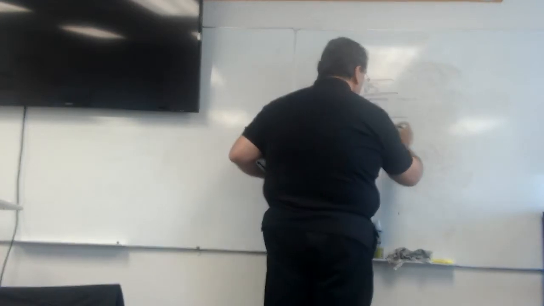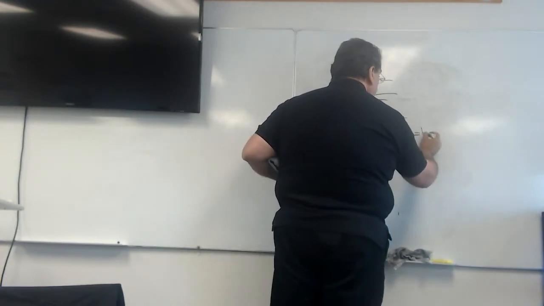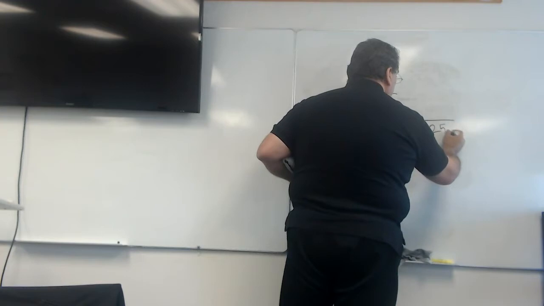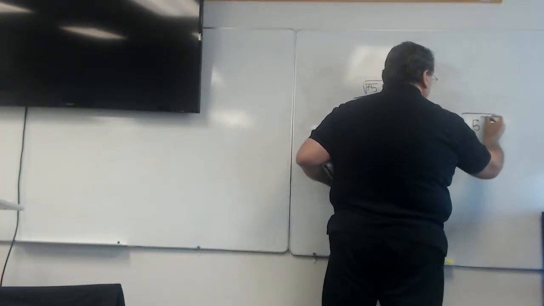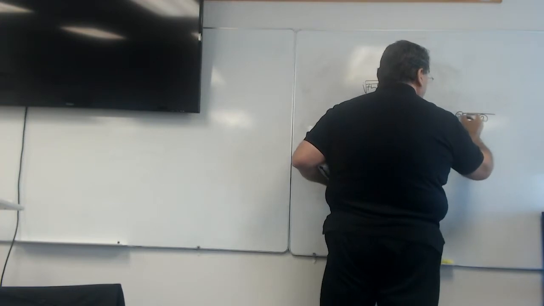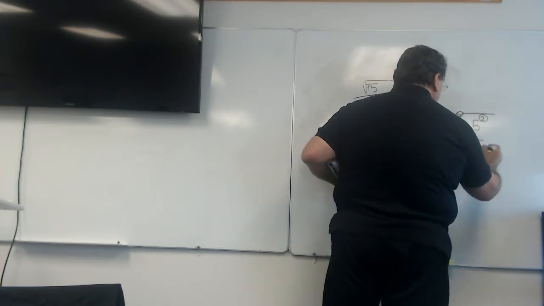Actually, 75 divided by 3 is 25, and 25 is 5 to the power of 2. This 2 gets divided by that 2, so the answer is 5.